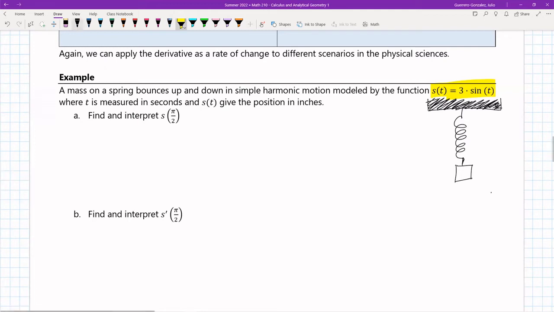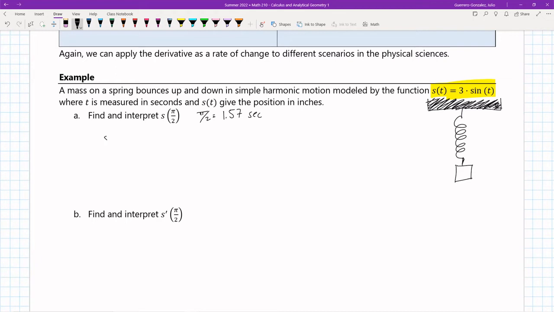So we know pi over 2 is about 1.57 seconds, right? But we're actually going to use the value of pi over 2.